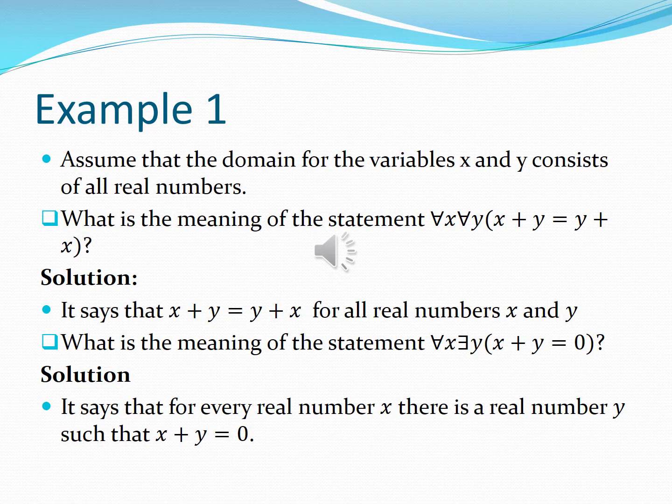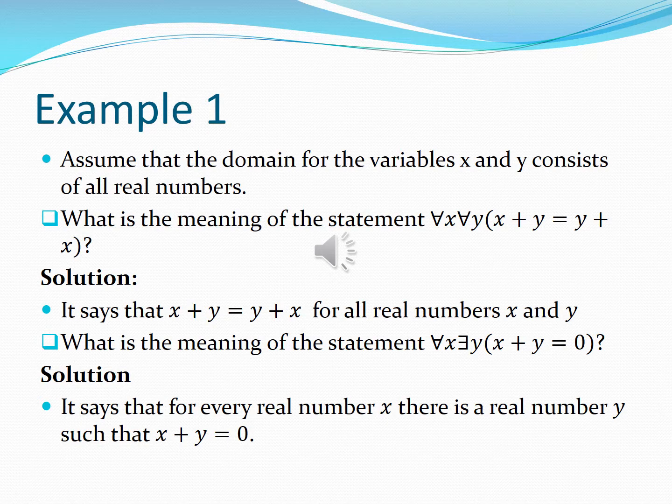Now you are asked to find the meaning of the expression for all x, for all y, x plus y is equal to y plus x. The solution says that x plus y is equal to y plus x for all real numbers x and y.